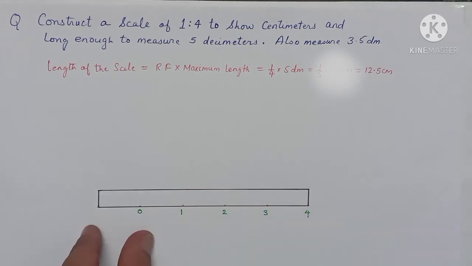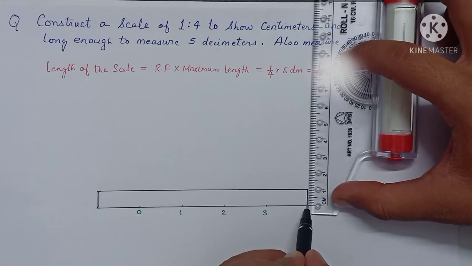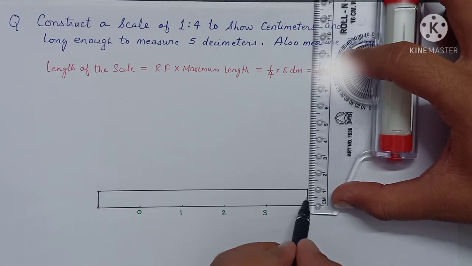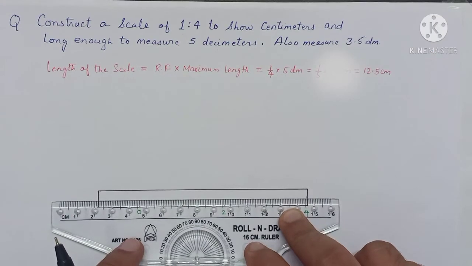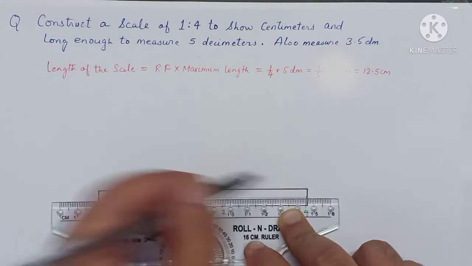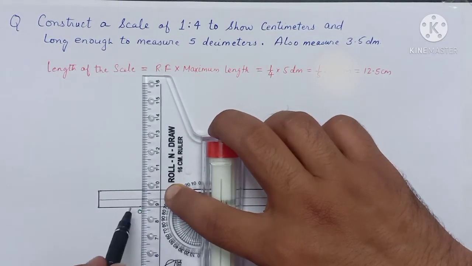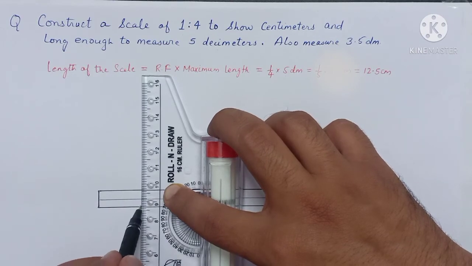For this, we divide the first division into 10 equal subdivisions, each representing 1 centimeter. Divide the width into half. And draw vertical lines from each point.